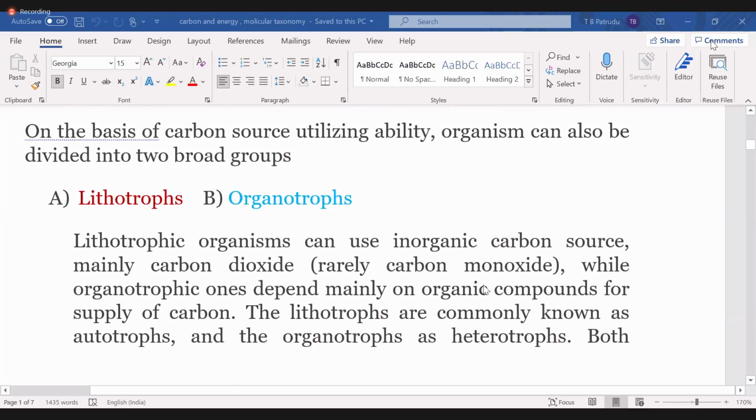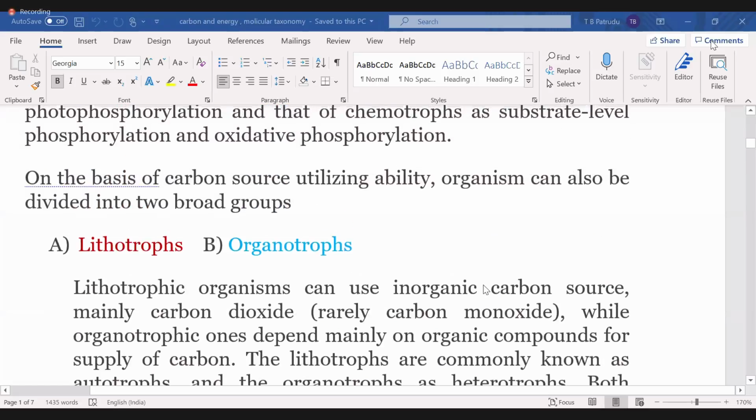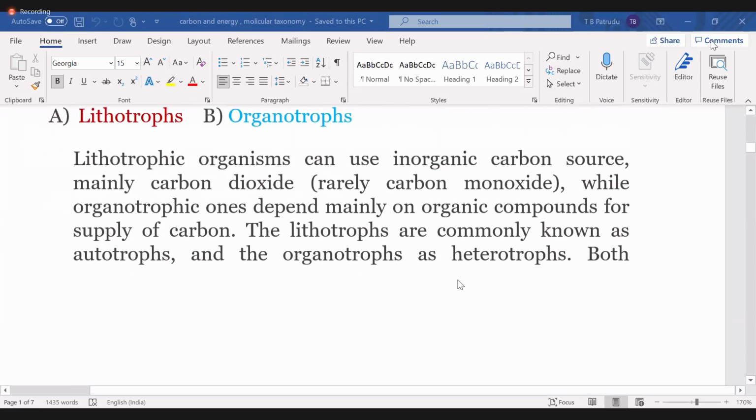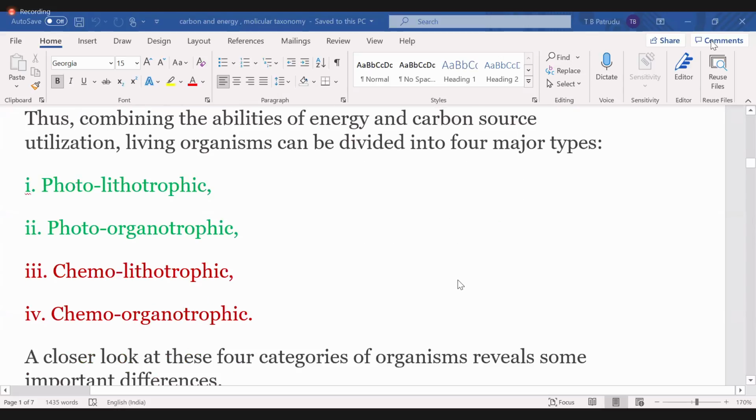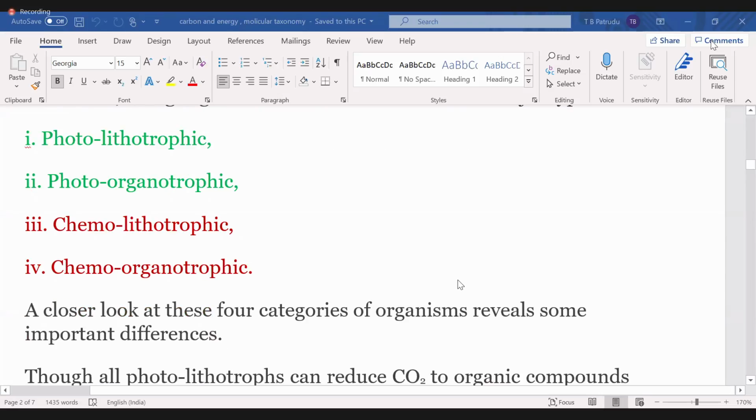But here we only distinguish inorganic and organic carbon. This classification is not mentioned in there, but anyhow, there it is. Carbon dioxide is inorganic carbon, and other sources of organic carbon are also there in that classification. But here, by usage of inorganic and organic carbon: photolithotropes, photoorganotropes, chemolithotropes, and chemoorganotropes.